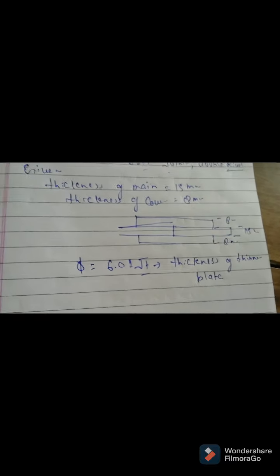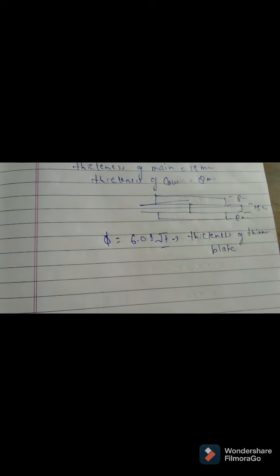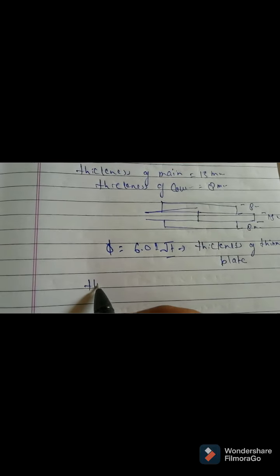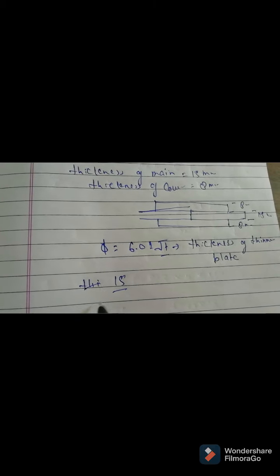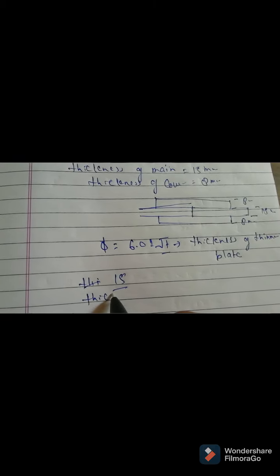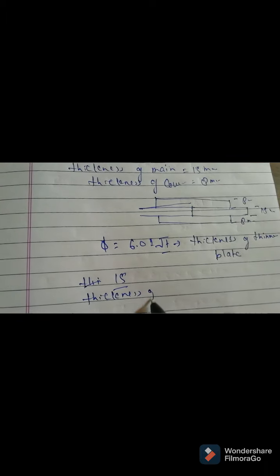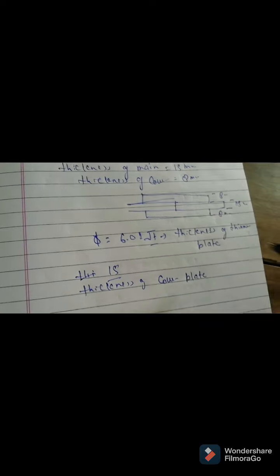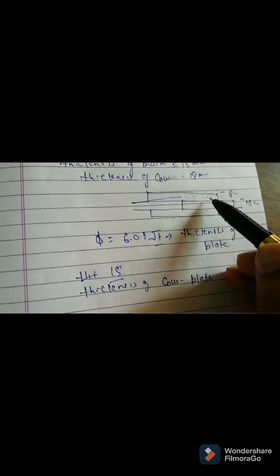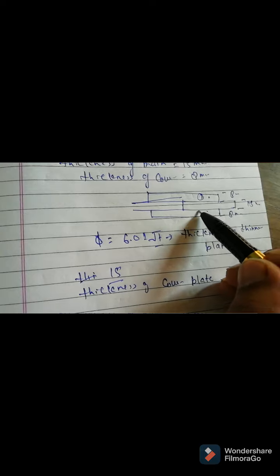In a butt joint, as already discussed, thickness of main plate is 15 mm, and for the cover plate, see that two cover plates have been used, first cover plate and second cover plate.